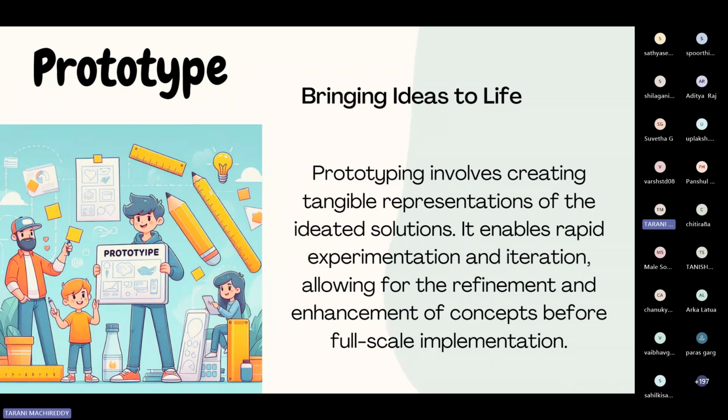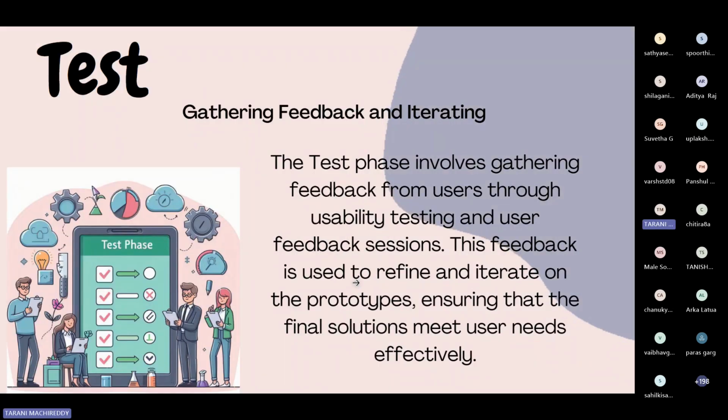Next, we'll move on to the next phase called test, where we gather feedback and iterate. This test phase generally involves gathering feedback from users through usability tests and user feedback sessions. As the name itself tells, we are testing our product.